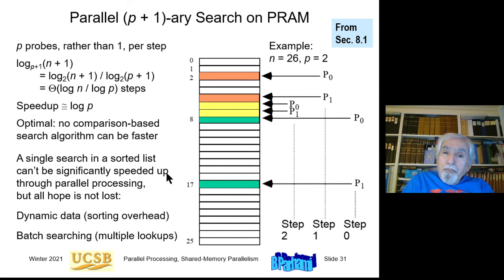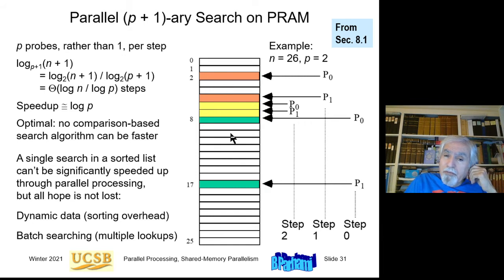Why? Because if the list we are searching in is static, it never changes, then we pay the sorting overhead just once, and then we do a whole bunch of searches and benefit from the speed of searching in a sorted list. However, if our data is dynamic, the sorting overhead becomes significant because each time we add elements or delete elements from the list, we have to resort.